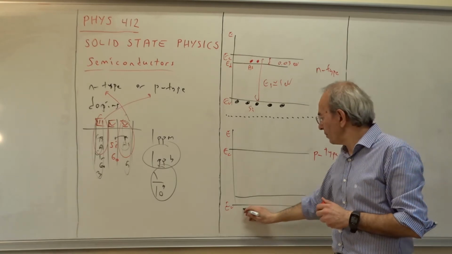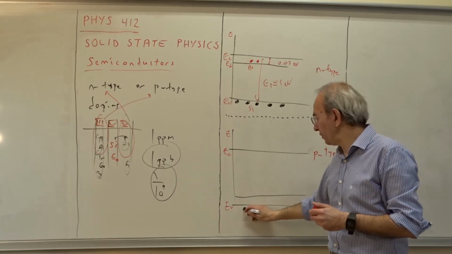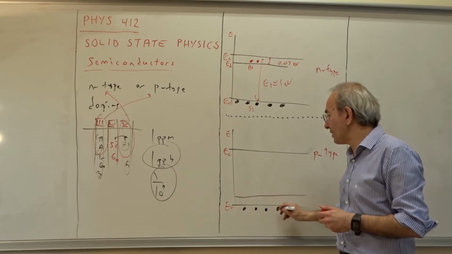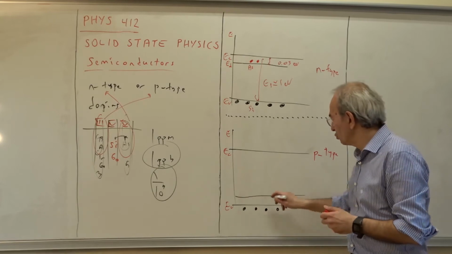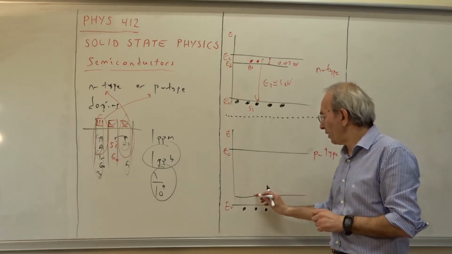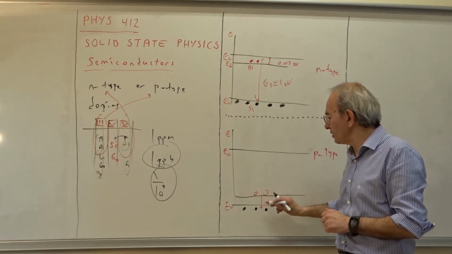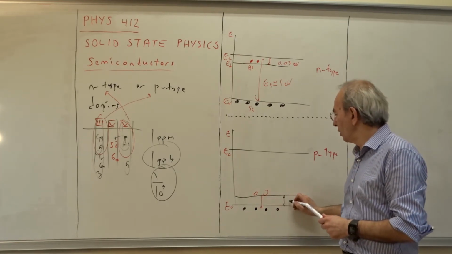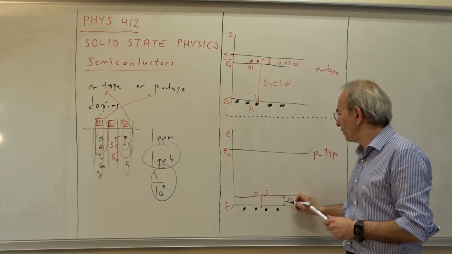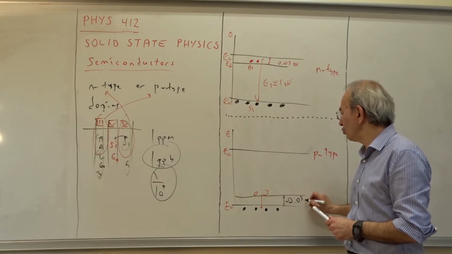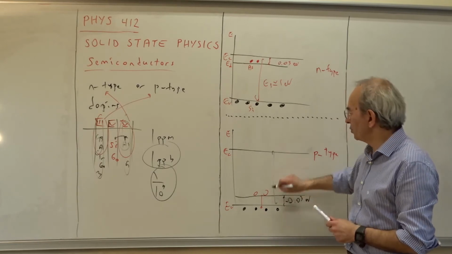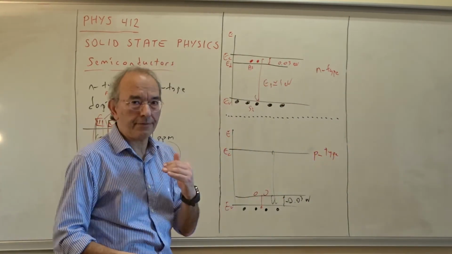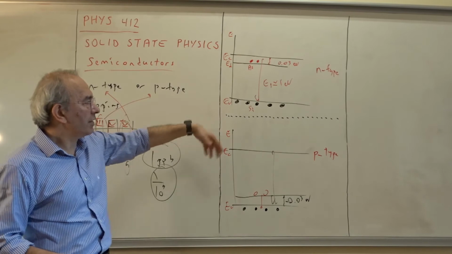So what is the help of this in this case? Now we have a certain possible place for these to be excited. But there are holes, so they can easily interact with these electrons. So this is also roughly 0.03 electron volts. Again, this is a few percent with respect to the full gap. So these are the cases.